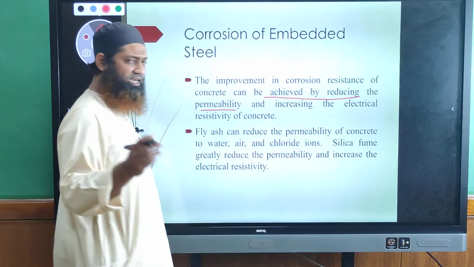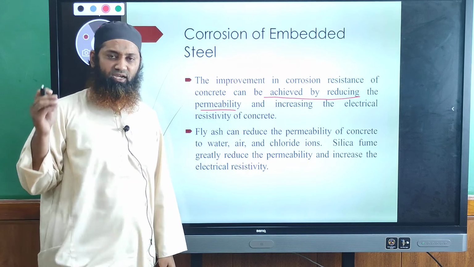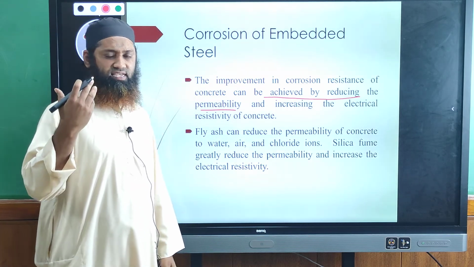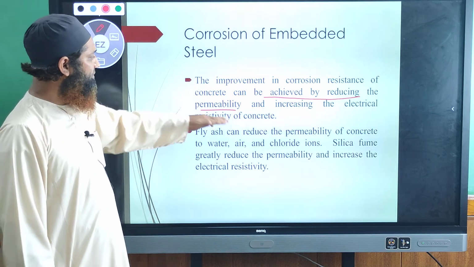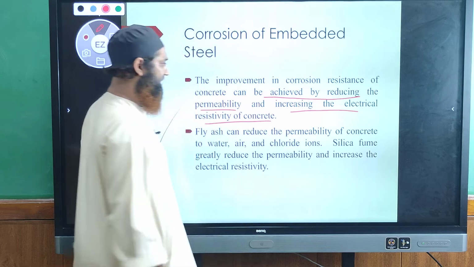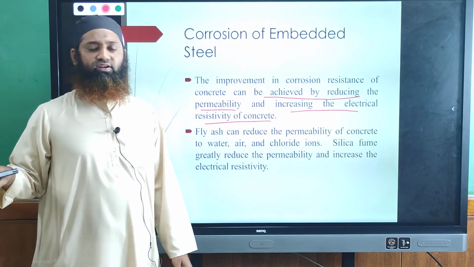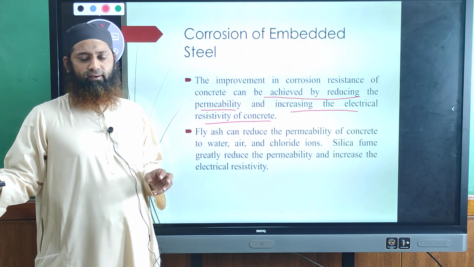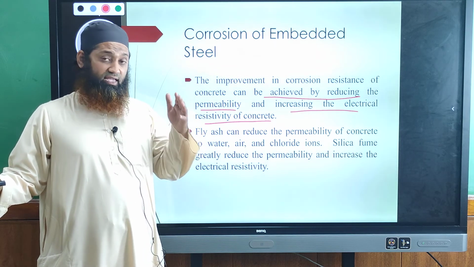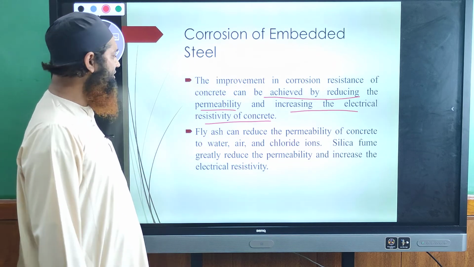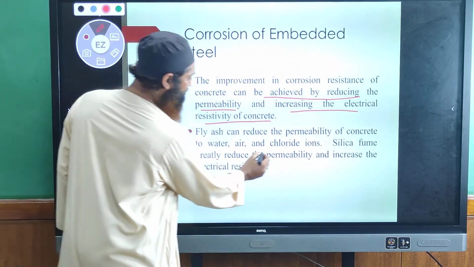If permeability is reduced, if there is no water seeping into the concrete, then simultaneously the corrosion also will be decreased, increasing the electrical resistivity of concrete. If the electrical resistivity of the concrete is increased and the permeability is decreased, then it can resist the corrosion also. Fly ash can reduce the permeability of concrete to water, air and chloride ions.